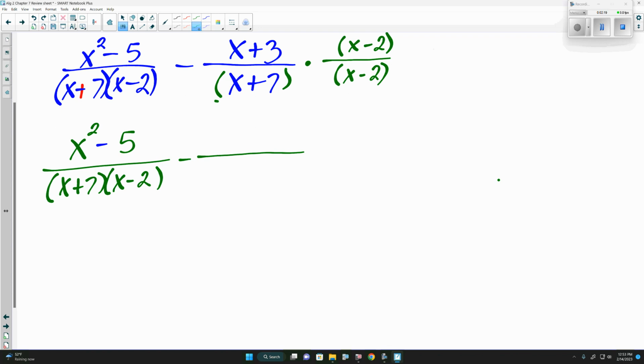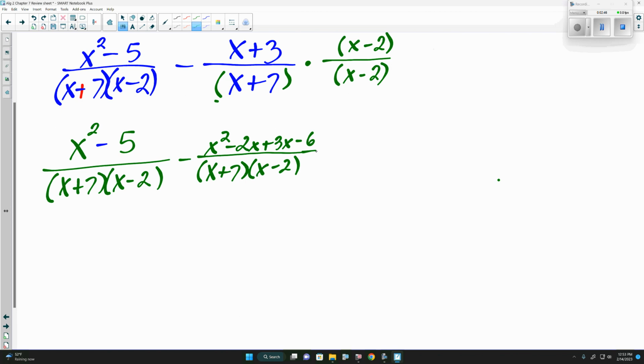Now the one on the right, we do need to distribute the numerator, but the denominator is still just going to be x plus 7 times x minus 2. And we multiply out the numerator, x times x is going to be x squared. x times negative 2 is negative 2x. 3 times x is plus 3x, and 3 times negative 2 is negative 6.